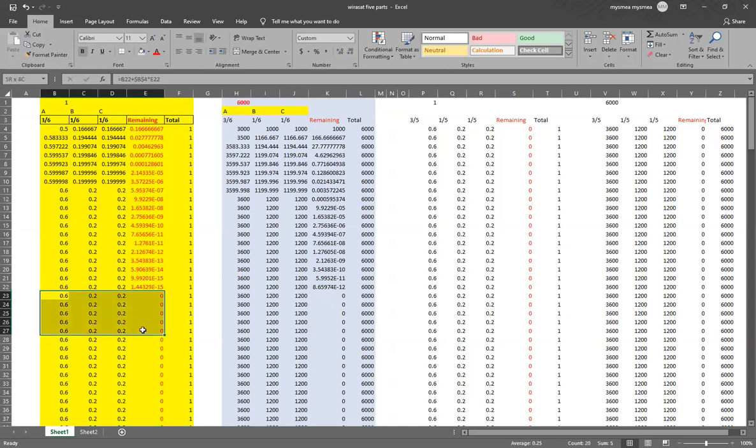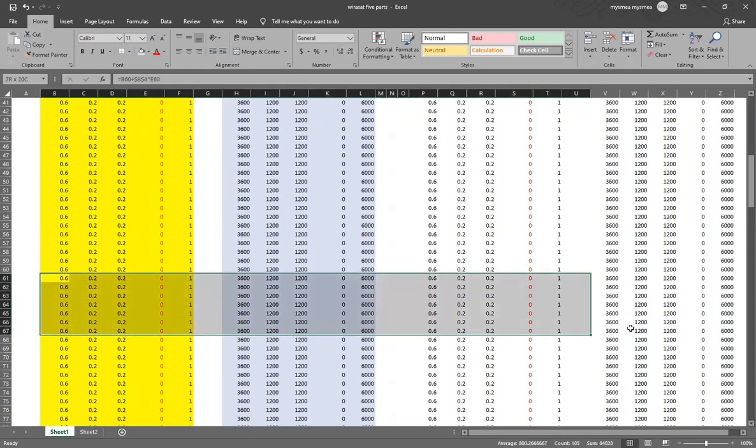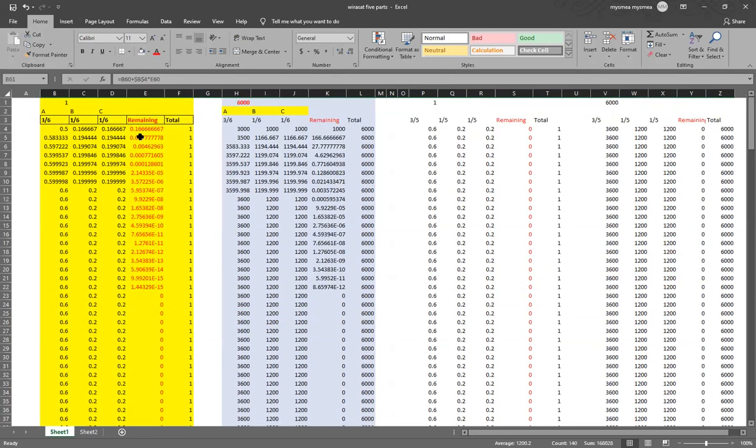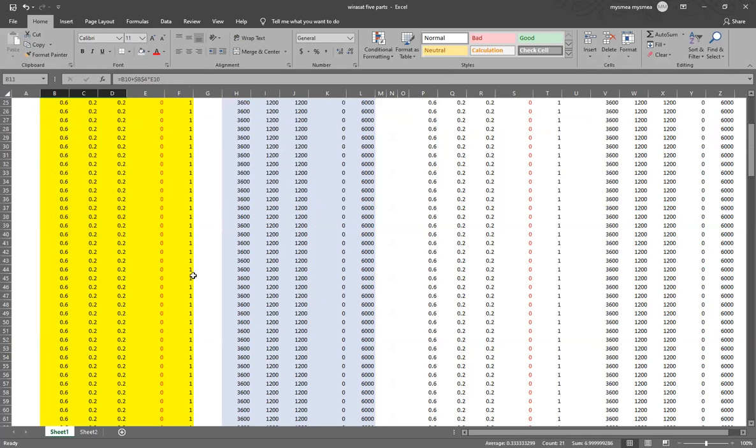I'm getting the same result as the 5 parts result. Okay, and see, since the beginning it is showing 3,600, 1,200, 1,200, and the same 3,600, 1,200, 1,200 is coming at the end. See, after doing so many iterations, chopping off the remaining and throwing it back into the mainstream, we're getting the same results.